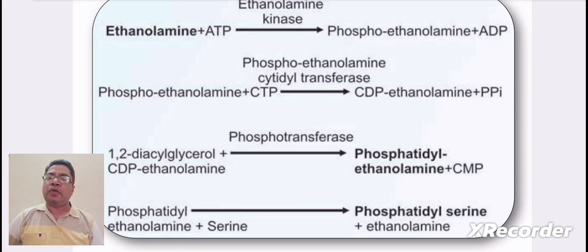Then 1,2-diacylglycerol plus CDP ethanolamine gives phosphatidylethanolamine plus CMP in the presence of the enzyme phosphotransferase. Then phosphatidylethanolamine plus serine gives phosphatidylserine plus ethanolamine.